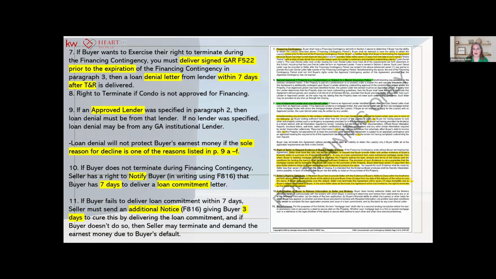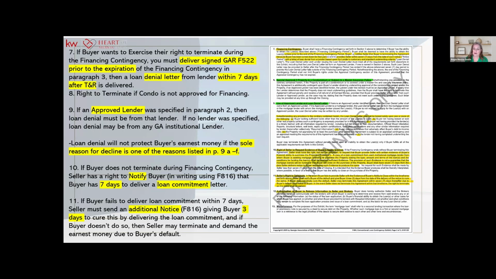It notifies the buyer that they have 7 days to provide a loan commitment letter that states any and all conditions, but at least says that the lender is committed to doing the loan with these following conditions. The buyer then has 7 days from the date you send that notice to deliver that loan commitment letter.